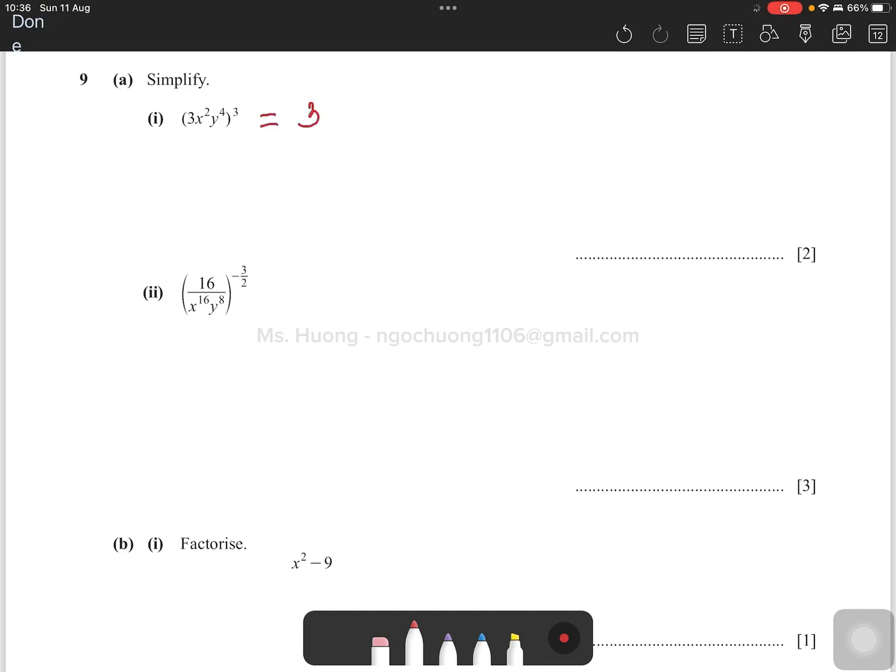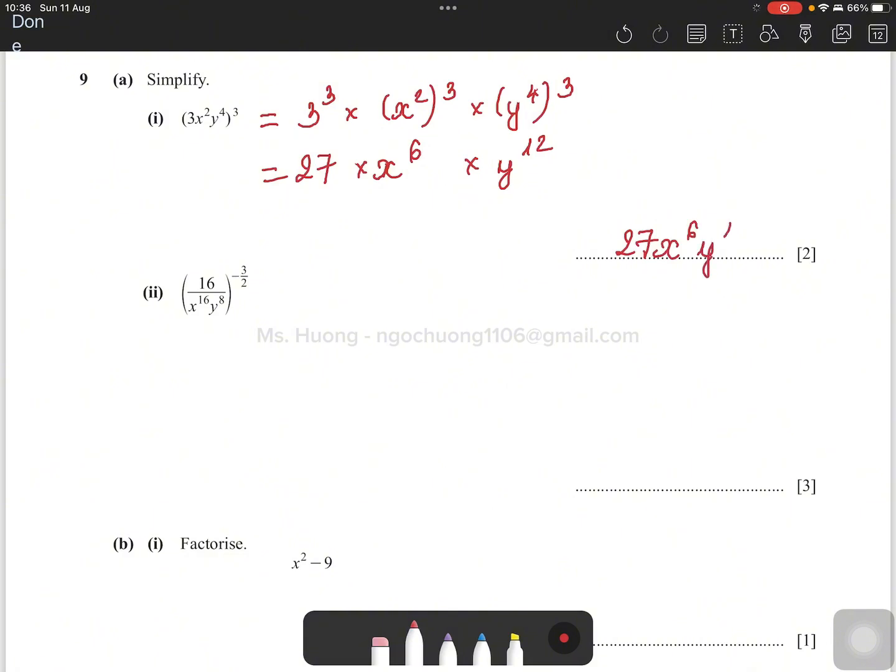So it is 3 cubed multiplied by x squared cubed, multiplied by y to the power 4 cubed. So 3 cubed is 27, and x squared cubed is x to the power of 2 times 3, which is 6, and then 4 times 3 is 12. So the answer is 27 x to the power of 6, y to the power of 12.